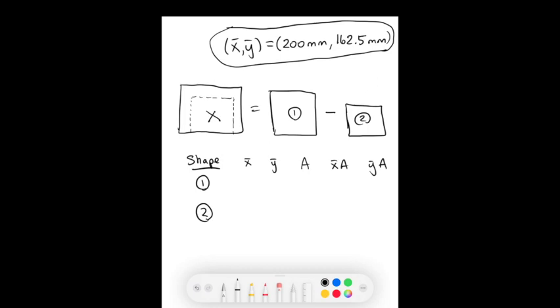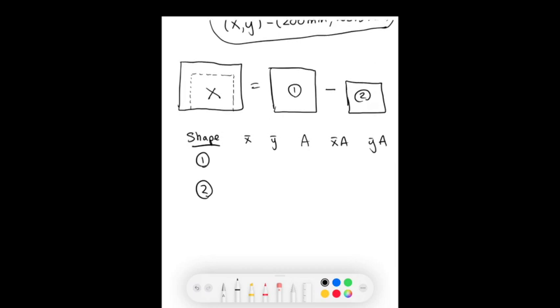Now let's check to see if this works out to the same answer. Now area 2, shape 2, is a negative area. So we're going to give it negative numbers for the area.